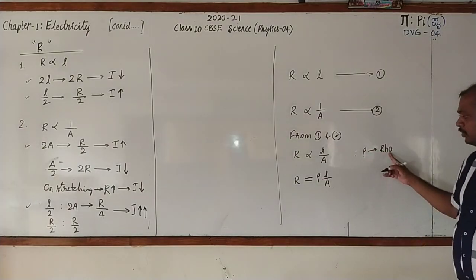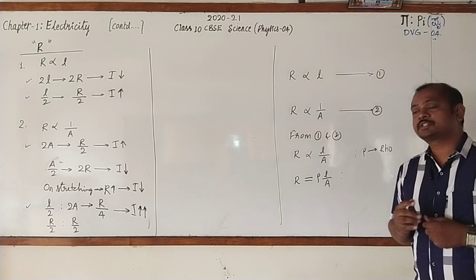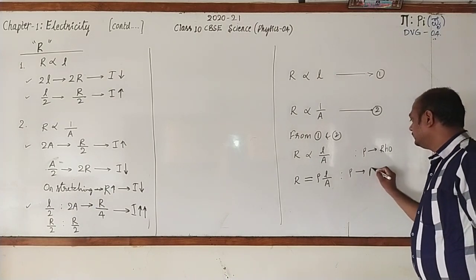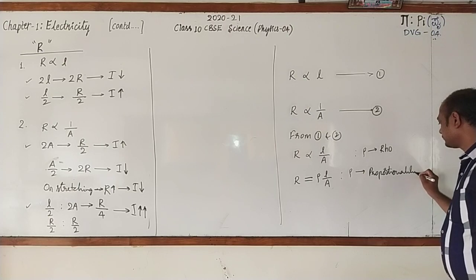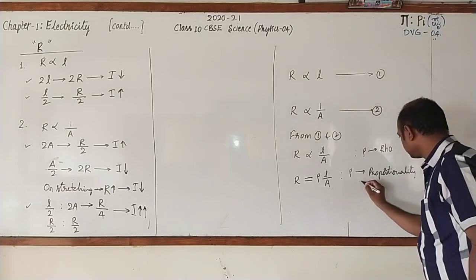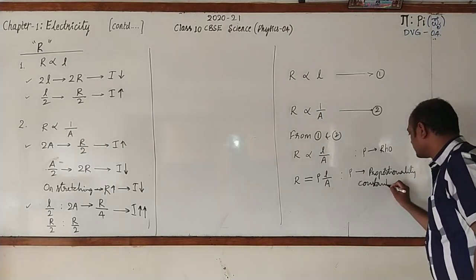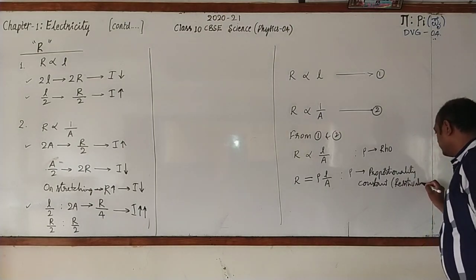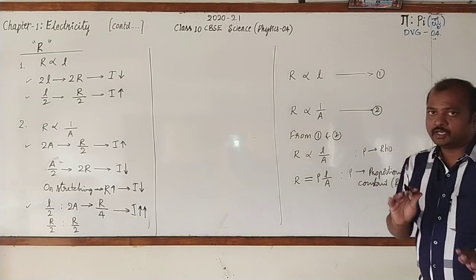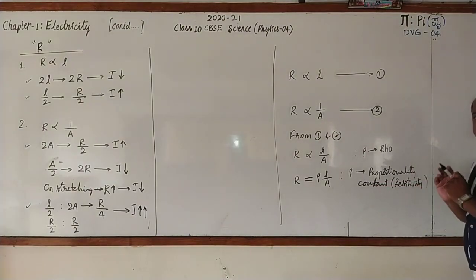Then what is this proportionality constant? And this proportionality constant is known as resistivity. Got it? Later we shall discuss about resistivity.